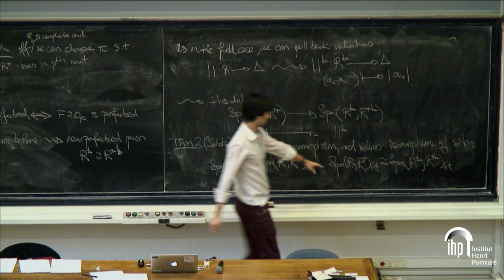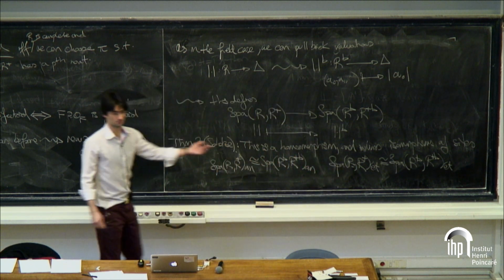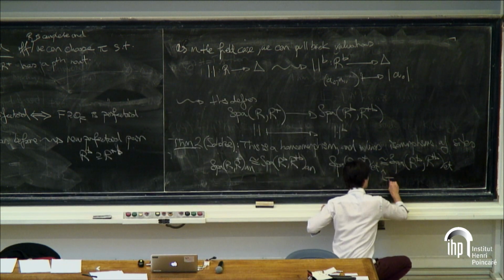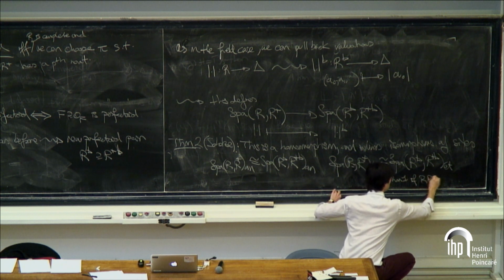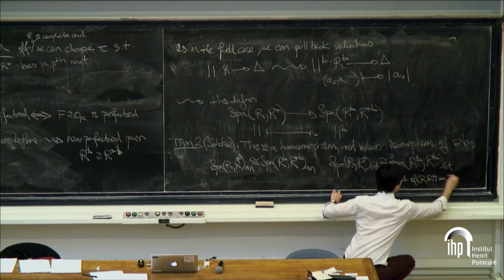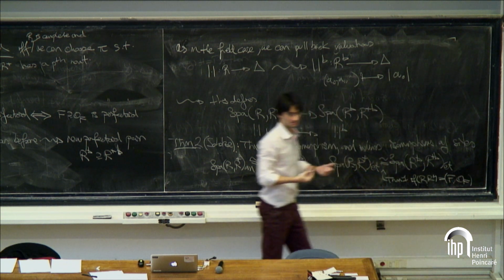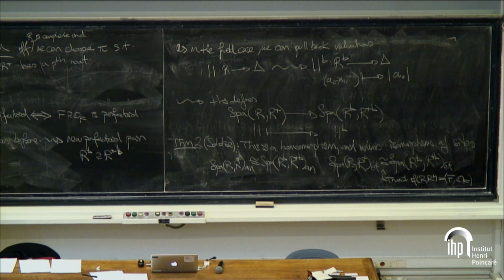In the case in which you take a field, this identification of étale sites reduces to theorem 1. But in general, it's a substantial generalization of it that really lets you study global questions in p-adic geometry by tilting to characteristic p.